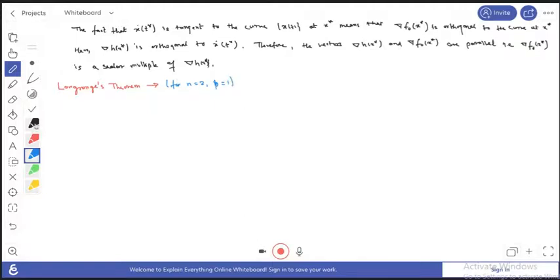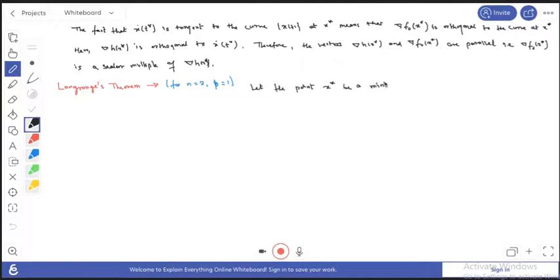Our Lagrange's theorem says: let the point x star be a minimizer.